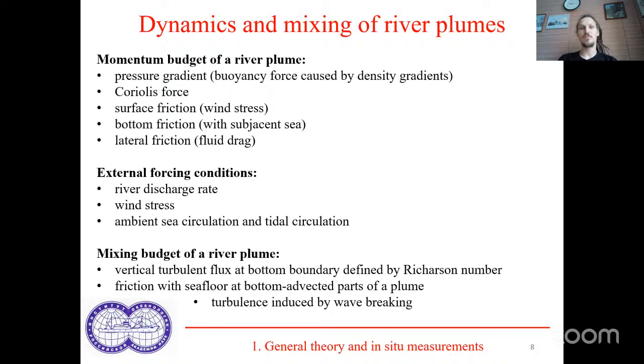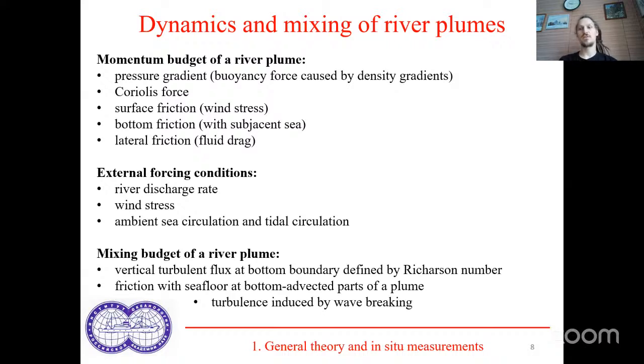And these forces are pressure gradient, because river plumes are surface advected and less dense than the ambient sea. That's why there is a pressure gradient formed by horizontal density gradients. Also, there is Coriolis force, which affects the river plume, and there is lots of friction. There is friction on the surface between the river plume and the air, which is determined by wind forcing.